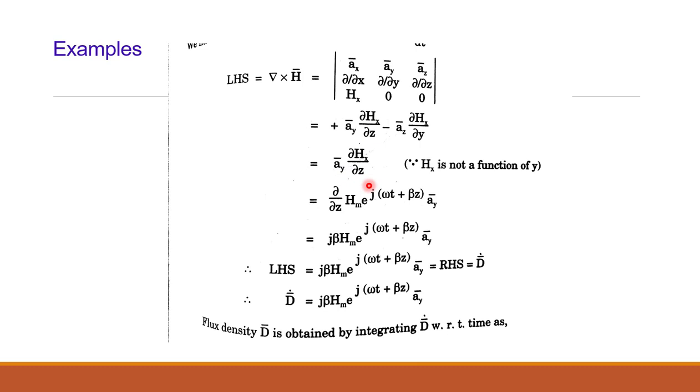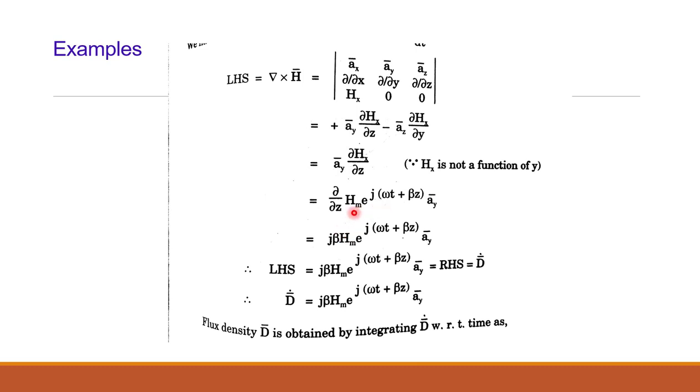What value of Hx is given? It is Hm e raised to j(omega t plus beta z). That is Hx. So we have to take the differentiation of this Hx with respect to z.